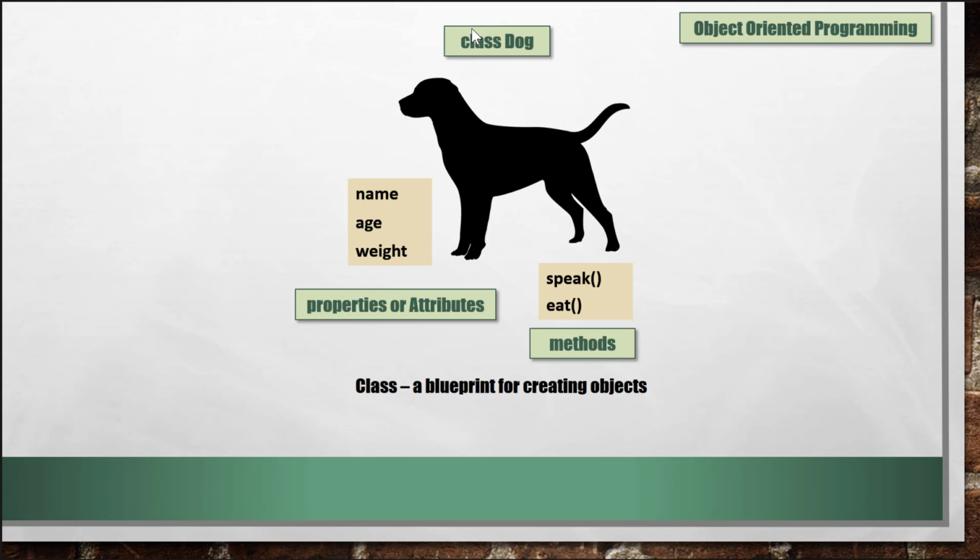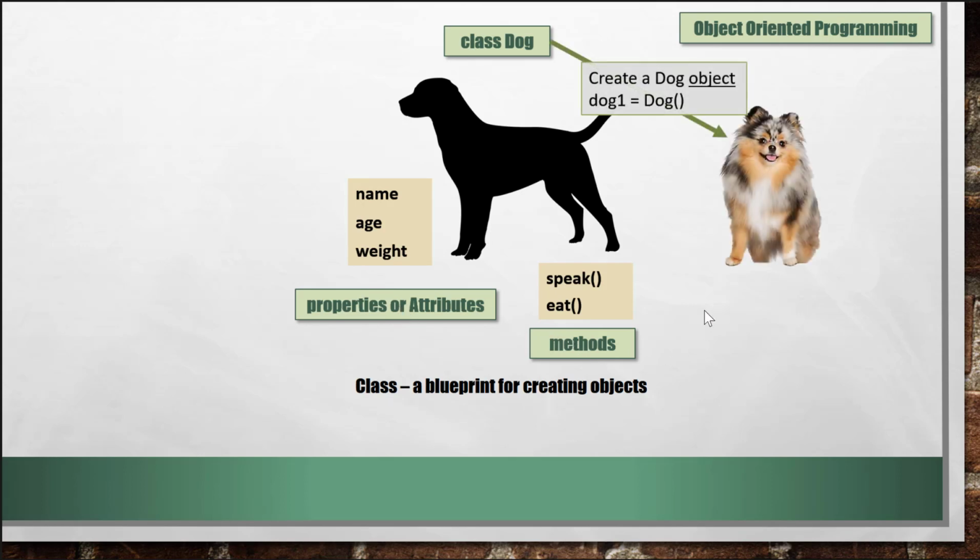Or a house, I can create lots of houses from a single blueprint. Each house or each car is going to be a little bit different. Just like my dog, every time I create a dog, it's going to be a little different, but they're all going to share these characteristics, these properties or methods. For example, let's look at our dog. What was his name? Fluffy. I'm going to create what's called an object. I'm going to create this dog object, and I'm creating it from this blueprint, or from this class Dog.